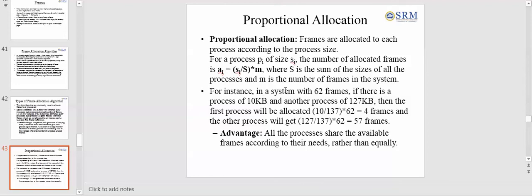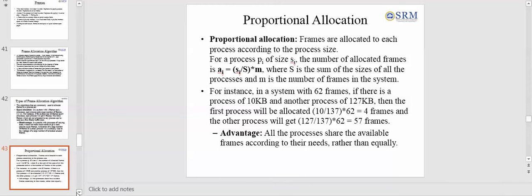For instance, in a system with 62 frames, if there are processes of 10 KB and 127 KB, 4 frames and 57 frames are allocated respectively. Advantage of the system: all the processes share the available frames according to their needs rather than sharing equally and wasting the frames.